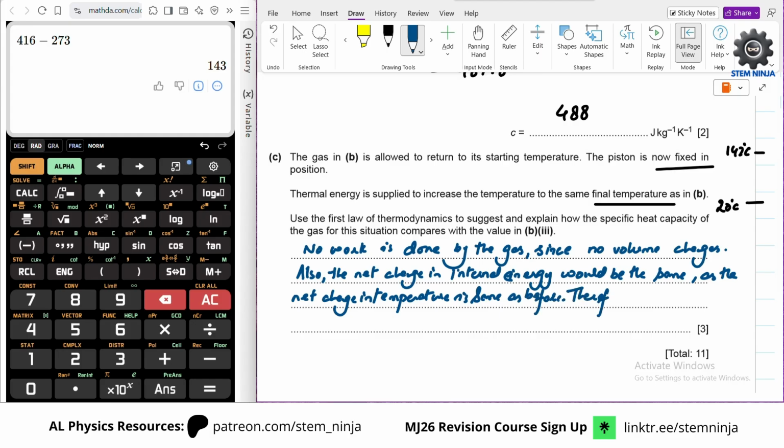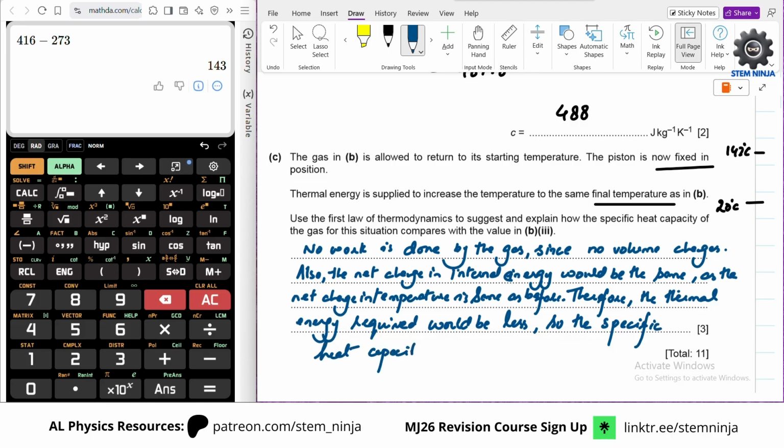Therefore, the thermal energy required, the heat required, would be less, meaning therefore the heat capacity, so the specific heat capacity, would be lower as well.